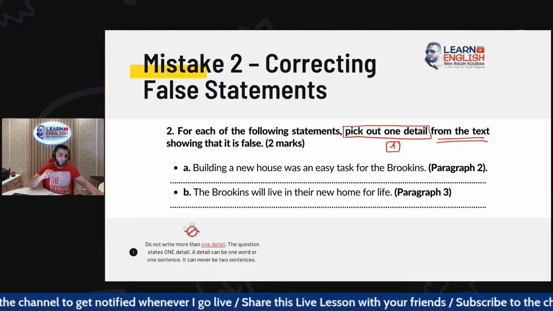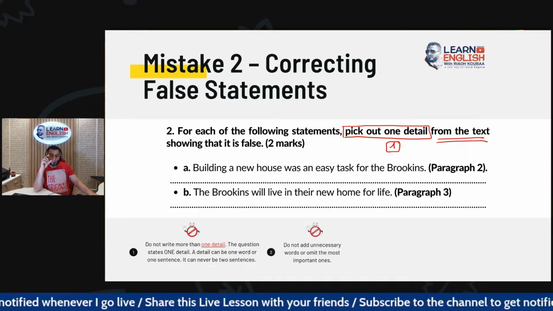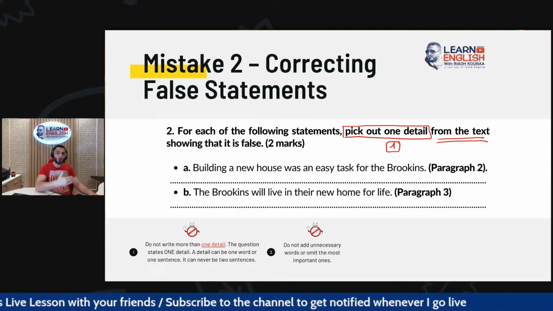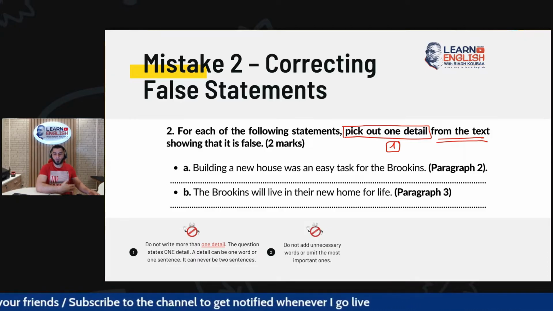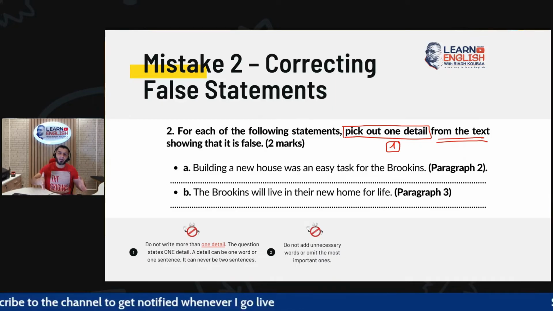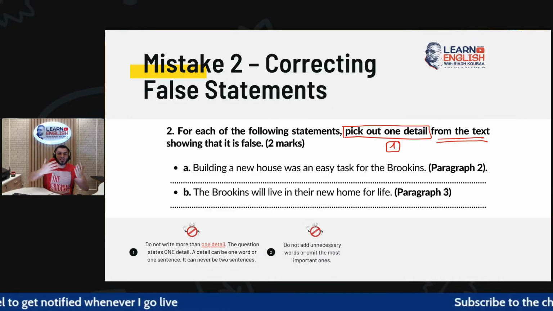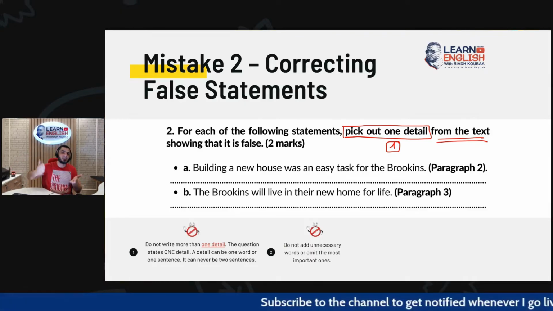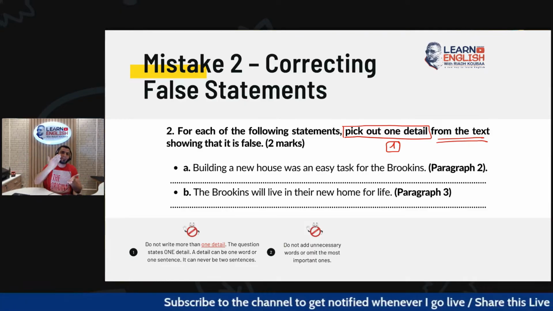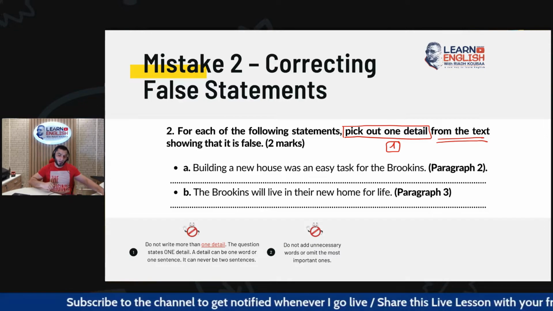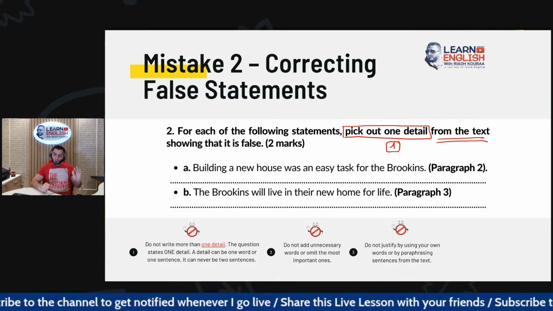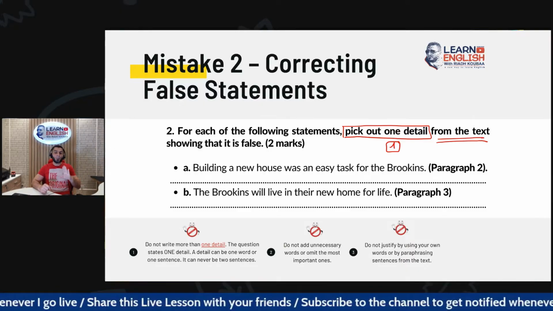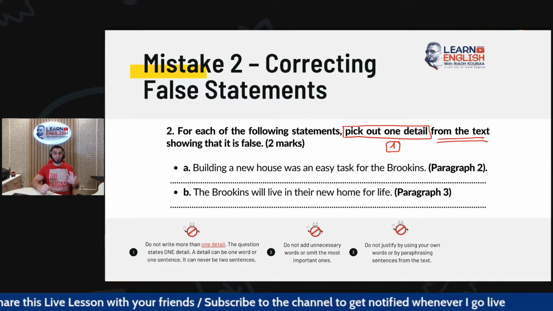And from the text. The second remark here, do not add unnecessary words or omit the most important ones. For example, when students give the justification from the text, they omit the necessary part, the most important part, the part which contains the answer. Then do not justify by using your own words or paraphrasing the sentences from the text.